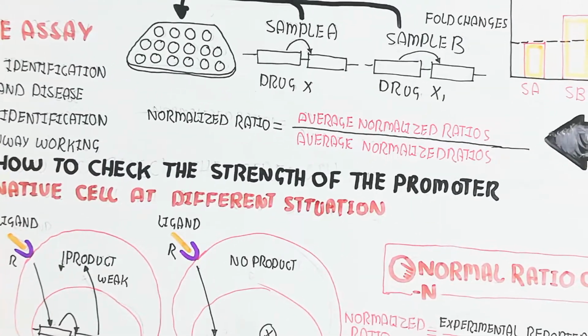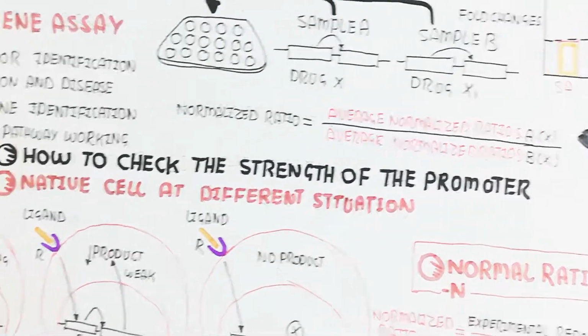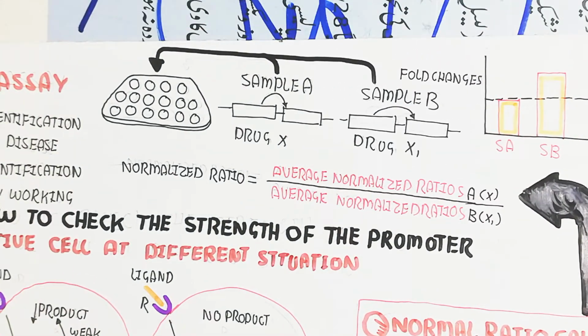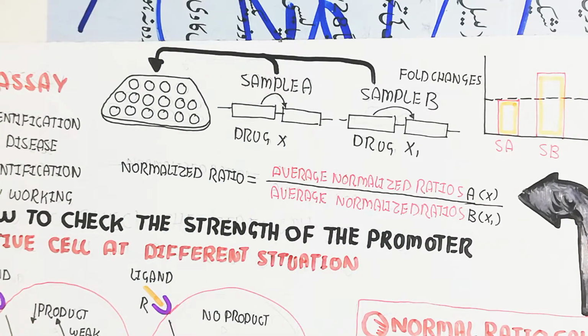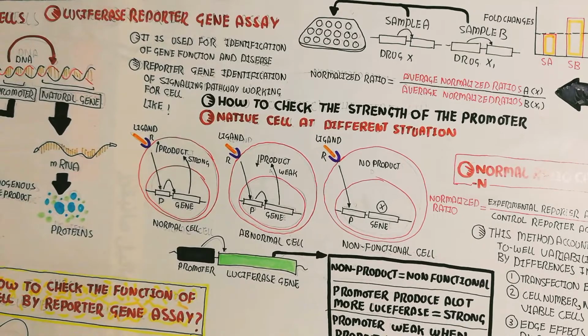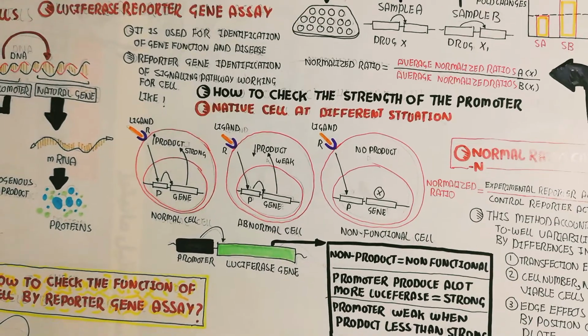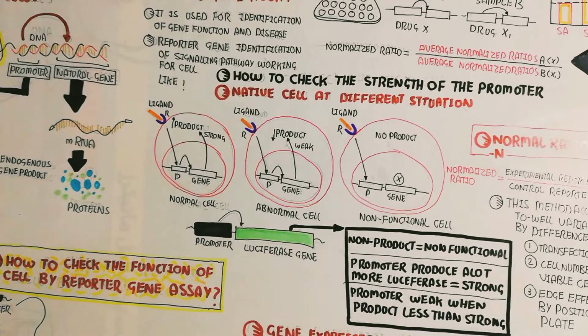So sample A in X can be divided by sample B in X1 for the normalized ratio calculation. This plate contains many samples showing the color, and we can calculate and normalize the ratio to understand.